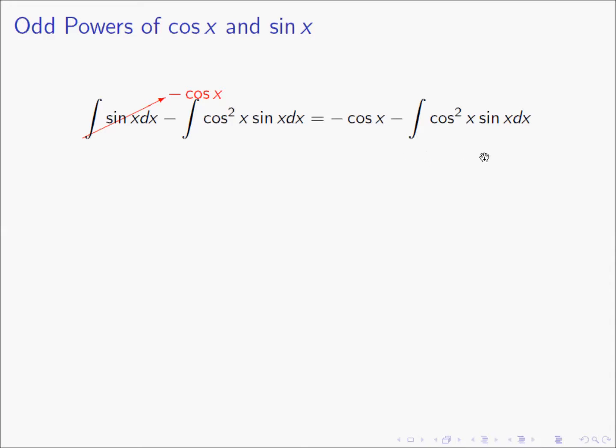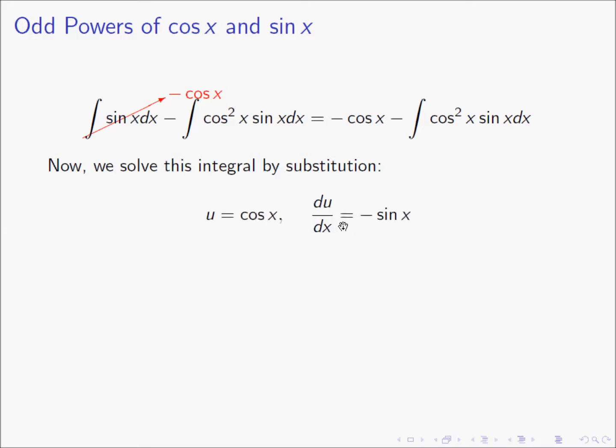And we're going to solve it using integration by substitution. We're going to substitute u equals cosine of x. So that means that du dx equals minus sine of x. So we're going to substitute. Here we have cosine squared of x. That becomes u squared.